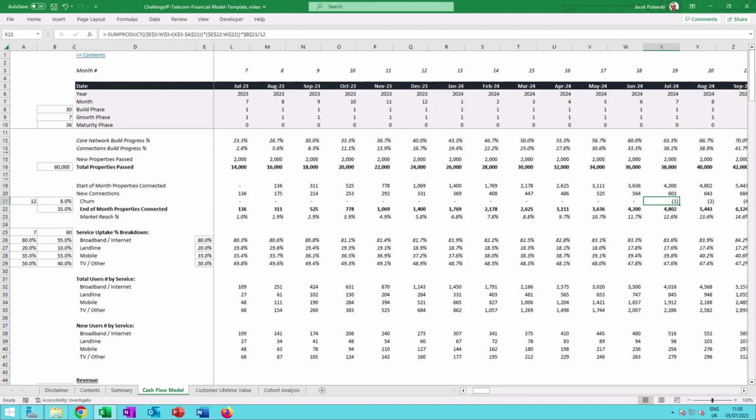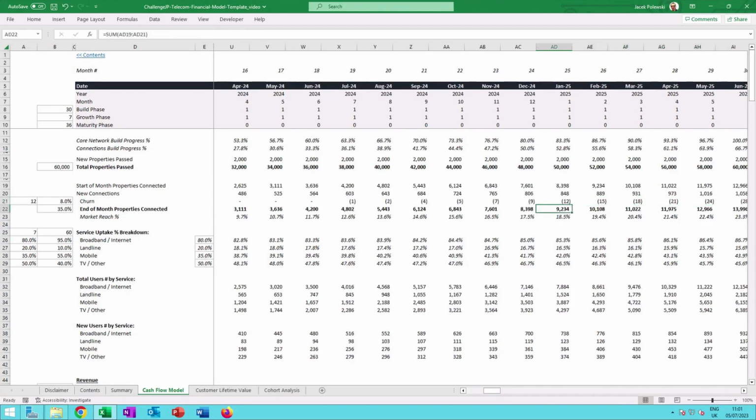So that's why you will see that delay. And it's simply the way the churn works. It uses that calculation where you look at the number of customers that join the service, and then you see, okay, of those customers, what's the percentage of them that will leave? Okay, so that's the calculations that you will see in here.